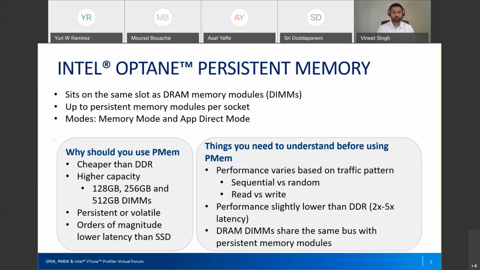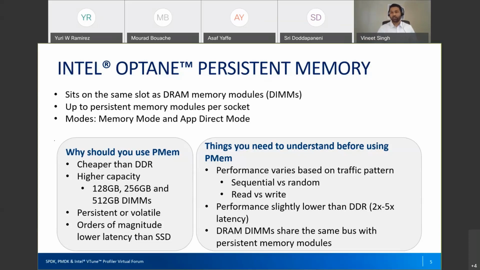So the things that you need to consider here are sequential versus random traffic. Sequential traffic gives you better performance compared to random traffic. Reads versus writes. Writes are costly compared to reads to PMM. So read intensive workloads are a good fit for PMM.